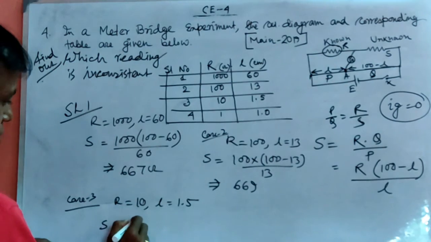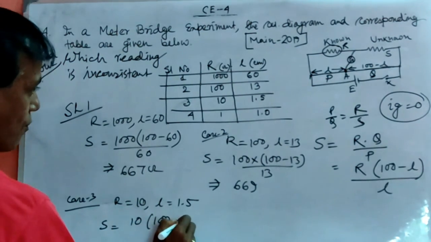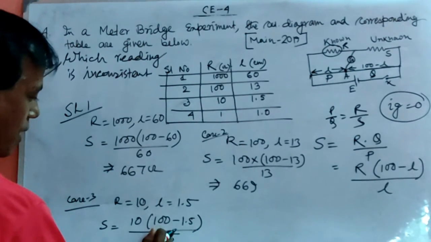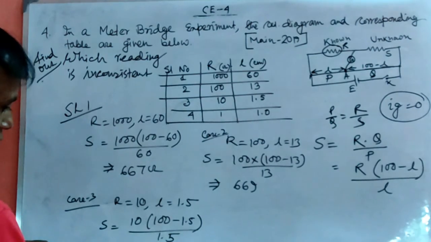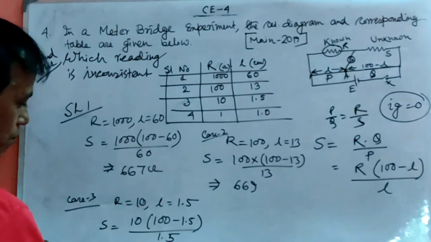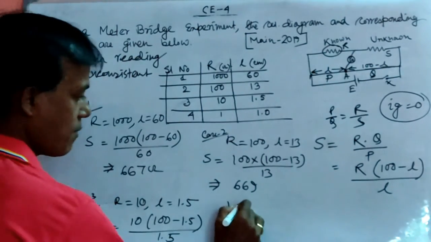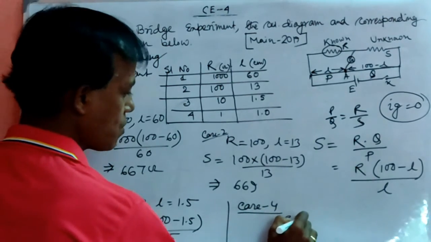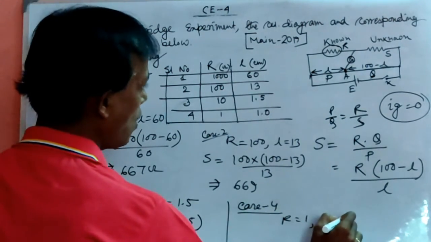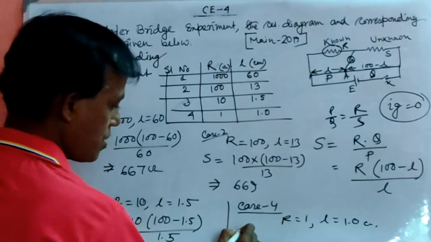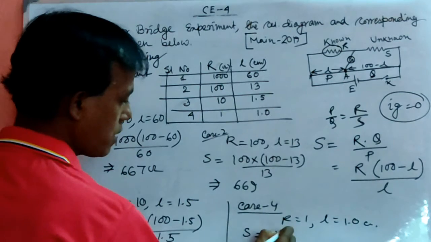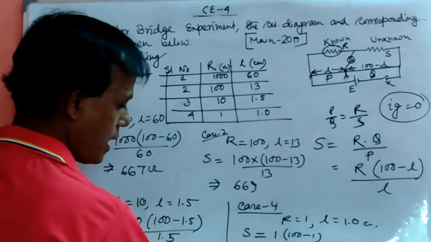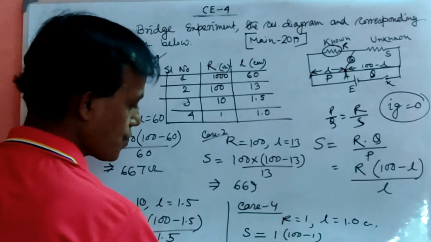So S is equal to 10 into (100 minus 1.5) by 1.5. It comes 665 ohm. And in case number 4, R is equal to 1 ohm and L is equal to 1.0. Then S is equal to 1 into (100 minus 1) by 1. Here it comes 99 ohms.